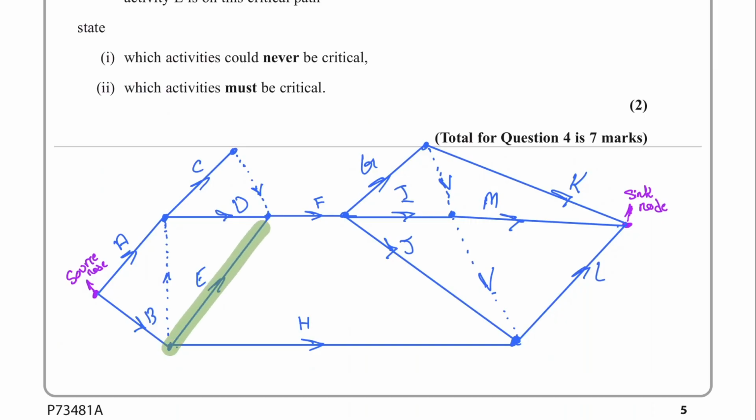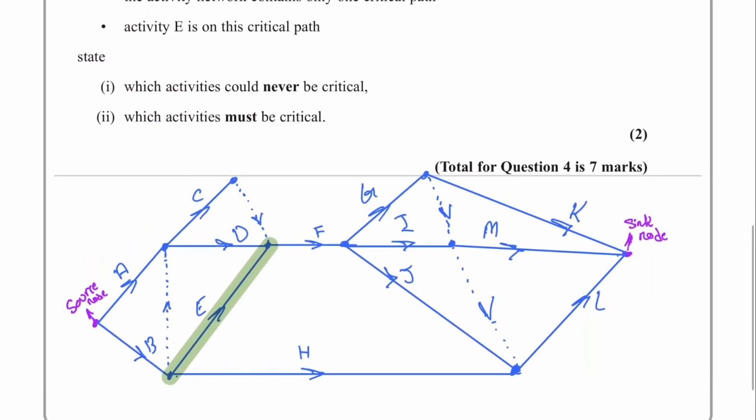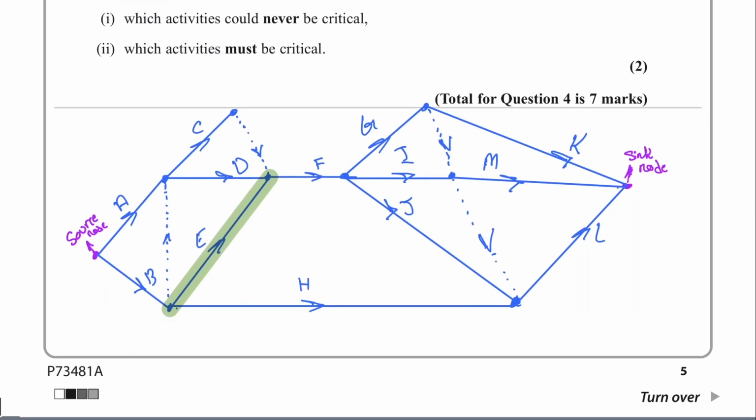Yeah, so this one is a critical activity. So we want to know which activities must be critical. Any activities that make E, so only B makes E. So B must be critical. So let me write B. And we also have F, because F depends on E. Without E, F is never going to happen.